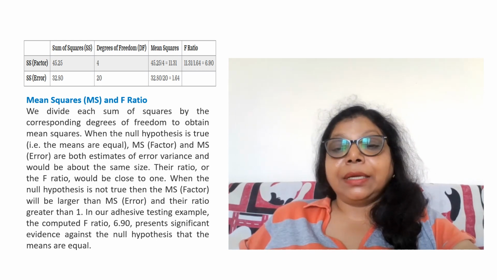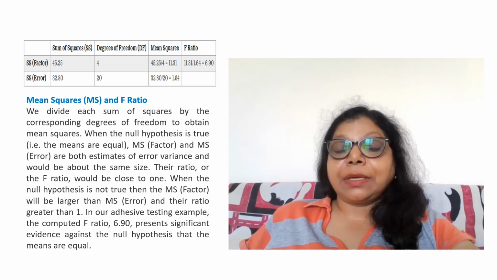As you can see in the table also, the sum of squares, degrees of freedom, mean squares, and the F ratio. So the sum of squares is 45.25, degrees of freedom in that case is 4, mean squares is 11.31, and the F ratio is 6.90.